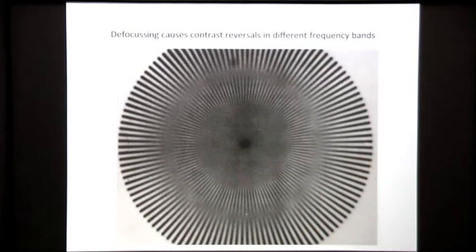It's become white and black. And then as you go to higher spatial frequencies, which is in here, you can see that it's flipped back again. So the black here is now opposite white, and it's opposite black here. So defocusing is good for introducing contrast in the microscope, but it comes with this side effect of requiring compensation for these phase flips.